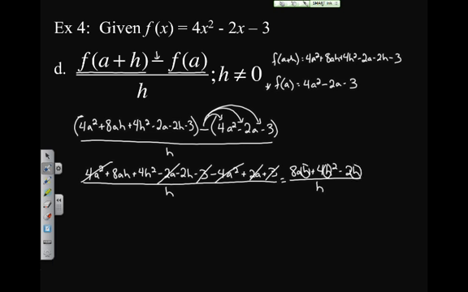So we can factor that h out. So this is now equal to h times 8a plus 4h minus 2, and that's still over h. And so now this h can cancel with this h. And our final answer is just 8a plus 4h minus 2. And actually, anytime you see a difference quotient like that with these functions that are polynomials, that's going to happen. You're going to have a bunch of stuff cancel out, and then the h's will cancel out, and you'll be left with something that looks like that.